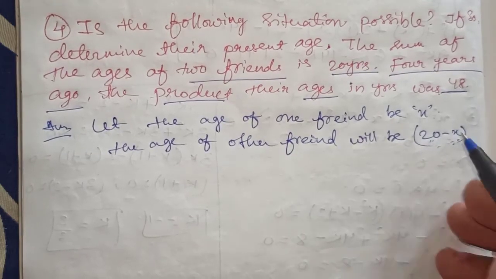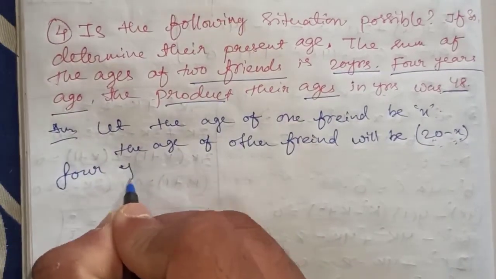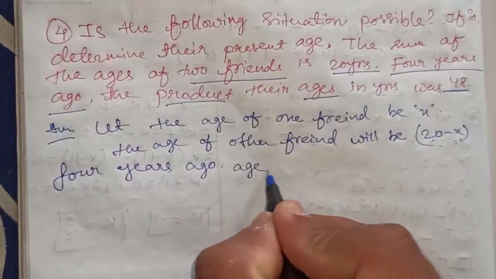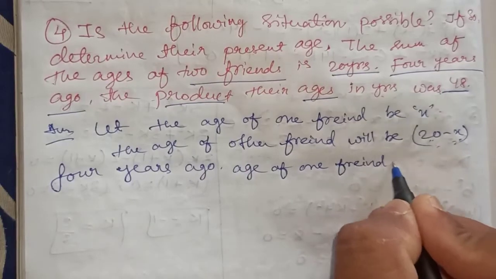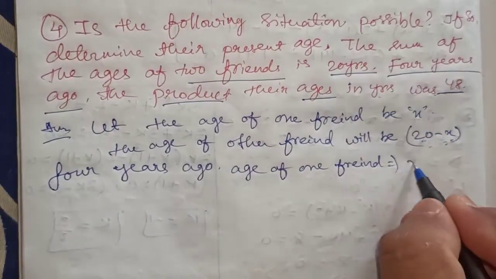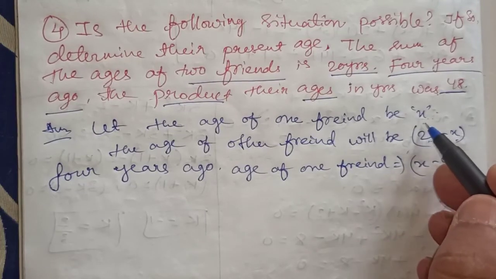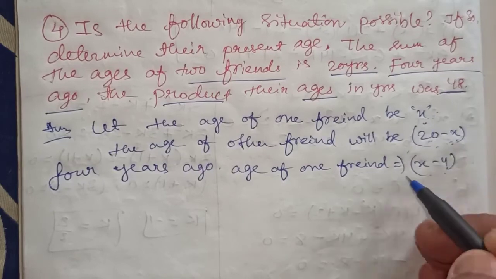Next, it is given 4 years ago. 4 years ago, the age of the first friend is x minus 4, because if the present age of one friend is 10, 4 years ago it will be 6. If it is 14, it will be 10.